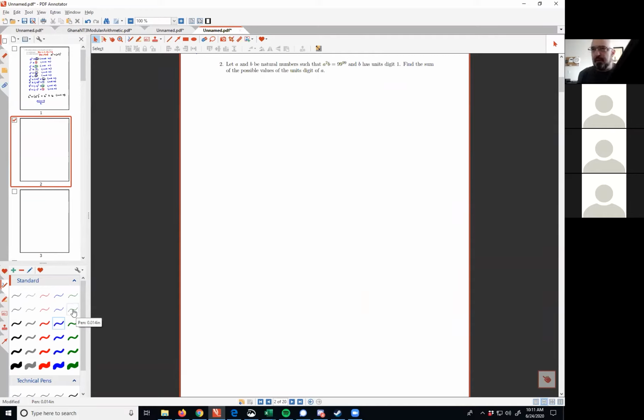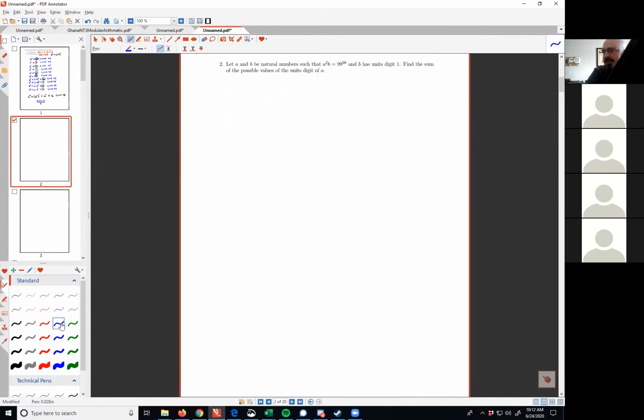So what modulus are we working in? Somebody tell me what modulus we're working in order to examine what's going on in this problem with units digits. Is it 10?